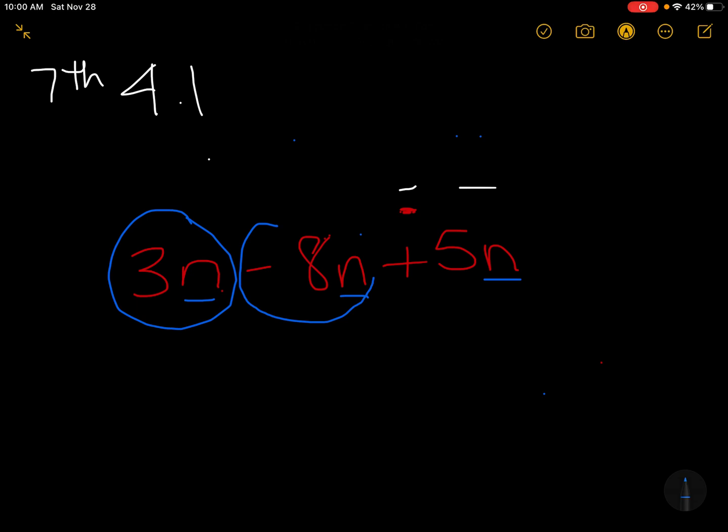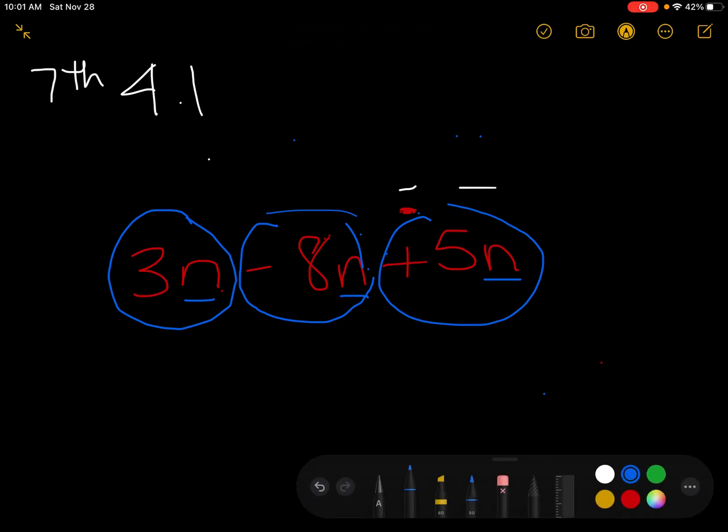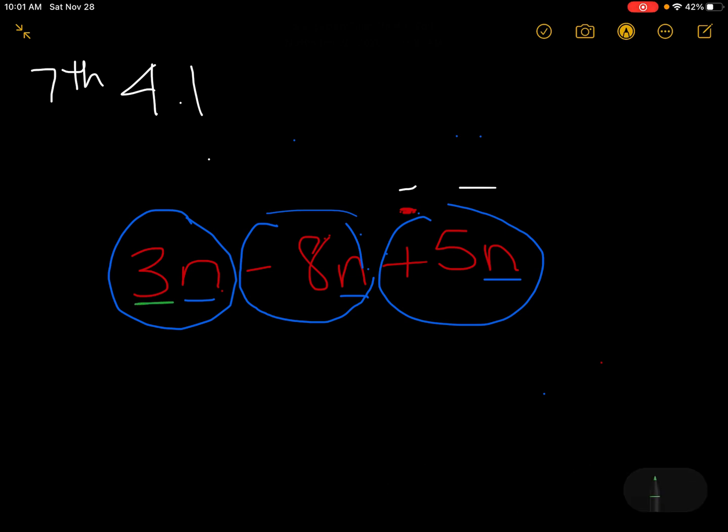They would all represent the same type of term here so that we can actually put the same shape around them. We start from left to right. There's only addition and subtraction here. 3 minus 8. They don't have the same sign, they have different signs, so I'm going to subtract. 8 minus 3 is 5.